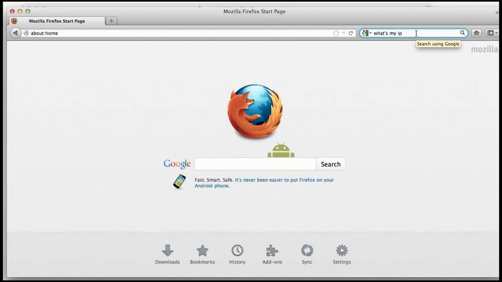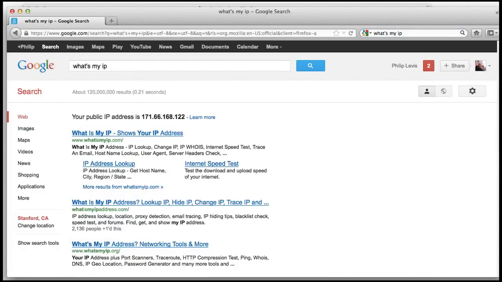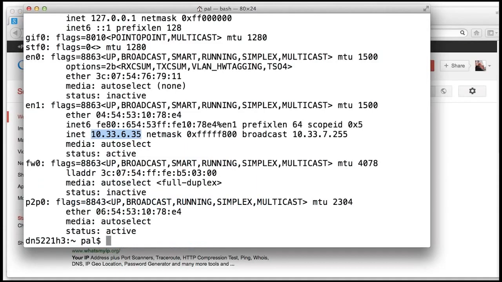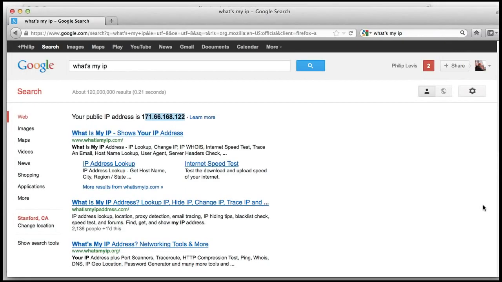In fact, if I type, what's my IP into a Google server, it tells me that my IP address is 171.66.168.122. And so what's happening here is that I have a private IP address of 10.33.6.35 on the internal interface of a network address translation box.